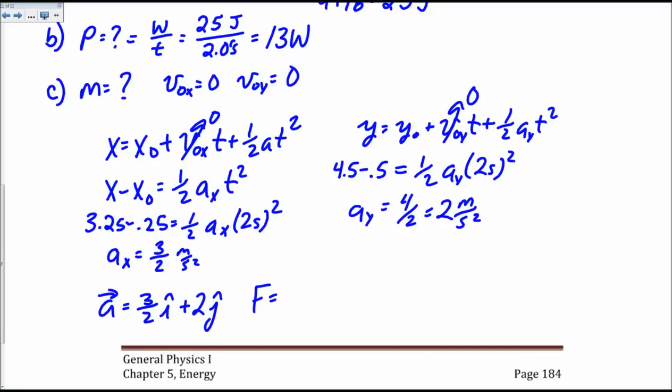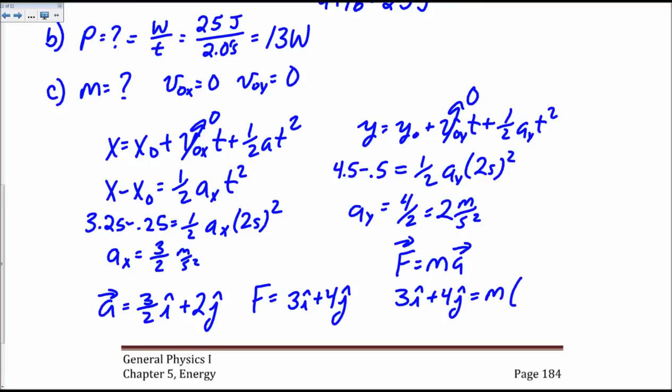I know that my force is equal to 3I plus 4j. So I can say F equals ma and find my mass. 3I plus 4j equals the mass times 3/2 I plus 2j. You can consider either the x or the y components in order to find m.